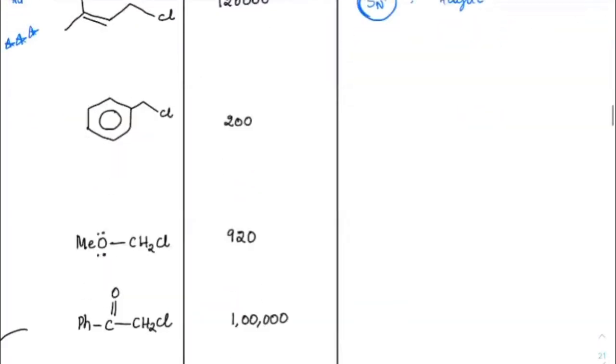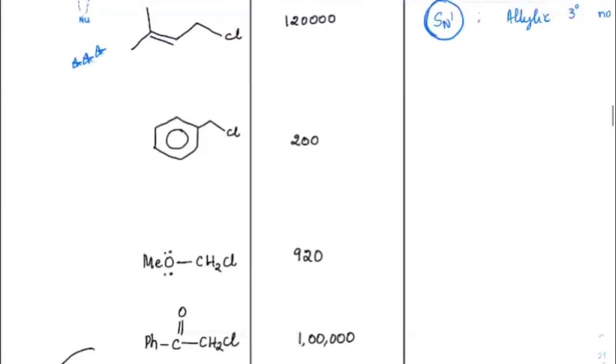Next, you can see benzylic form. Benzylic form is also a pi bond system here. So here also when carbon and chlorine are present, this carbon which has a pi bond, this pi bond will also help with the transition state here.